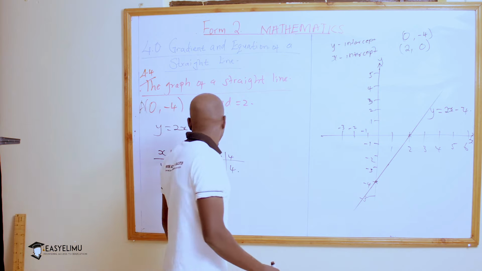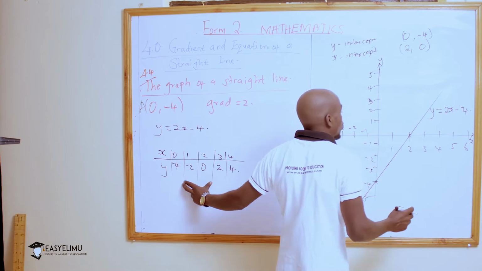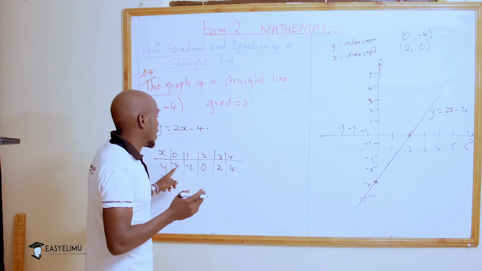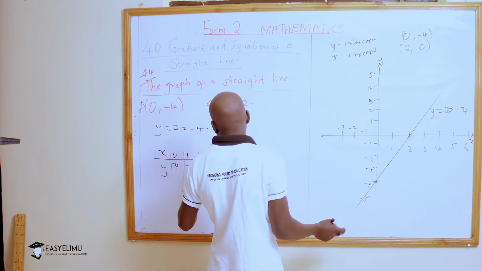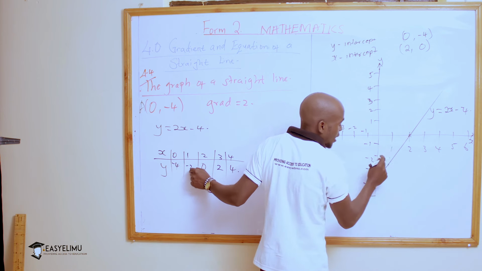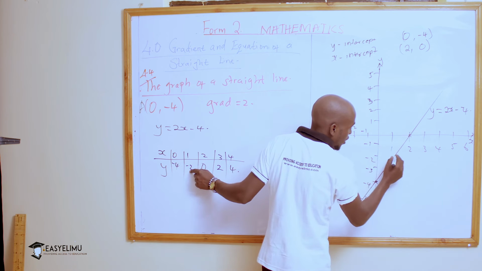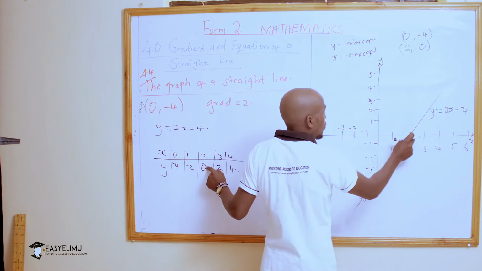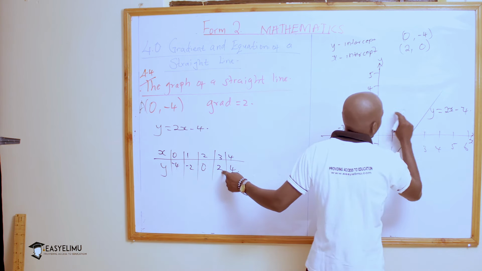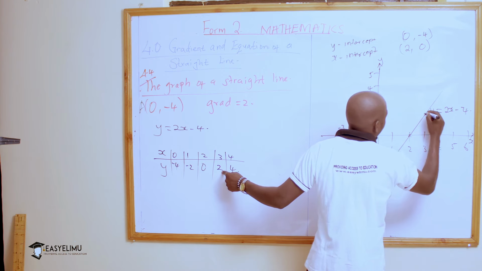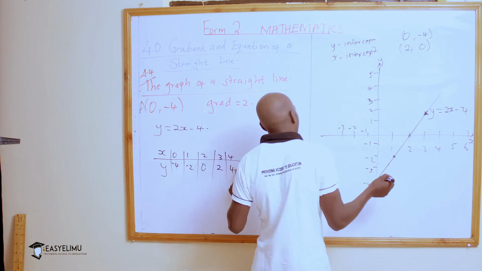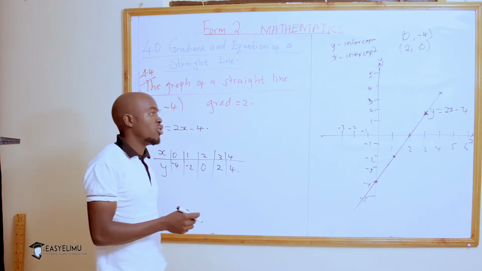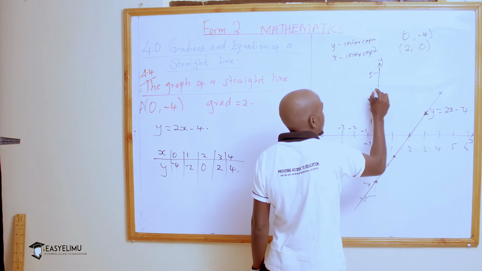On drawing, you are going to plot these points on this Cartesian plane, and they will still lie on the straight line you have constructed, in that (0, -4) will lie here, (1, -2) will lie at this point here, then (2, 0), you can see where it lies, and (3, 2) is on this line here. (4, 4) will be at a point here, as you will find if you draw it to scale.